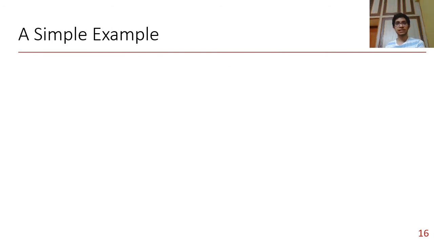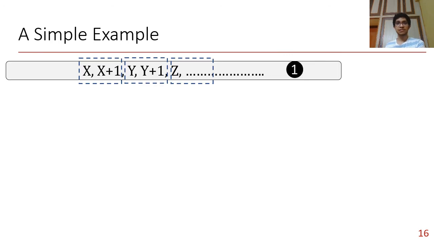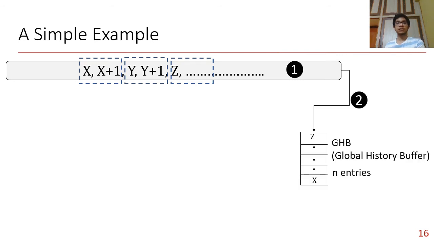In order to understand how IPCP learns global stream, let's take a simple example. In the next slide, I will talk about the actual implementation. The accesses made by the IPs X, Y, and Z are all part of the same stream. These accesses are captured in a global history buffer in the temporal order.